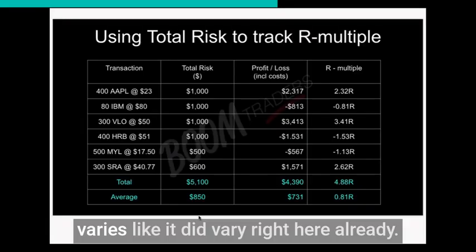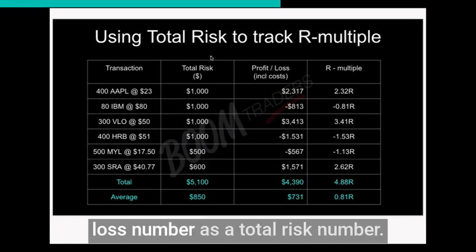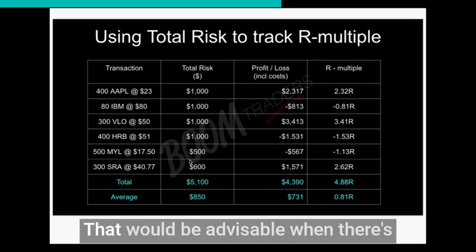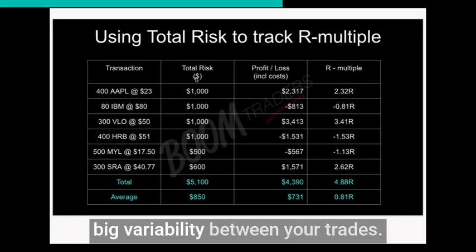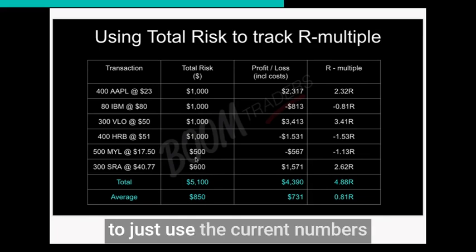When this varies, like it did vary right here already, you are probably just as good and as accurate using your average loss number as a total risk number. That would be advisable when there's big variability between your trades. In this case, in the system, it's okay to just use the current numbers.